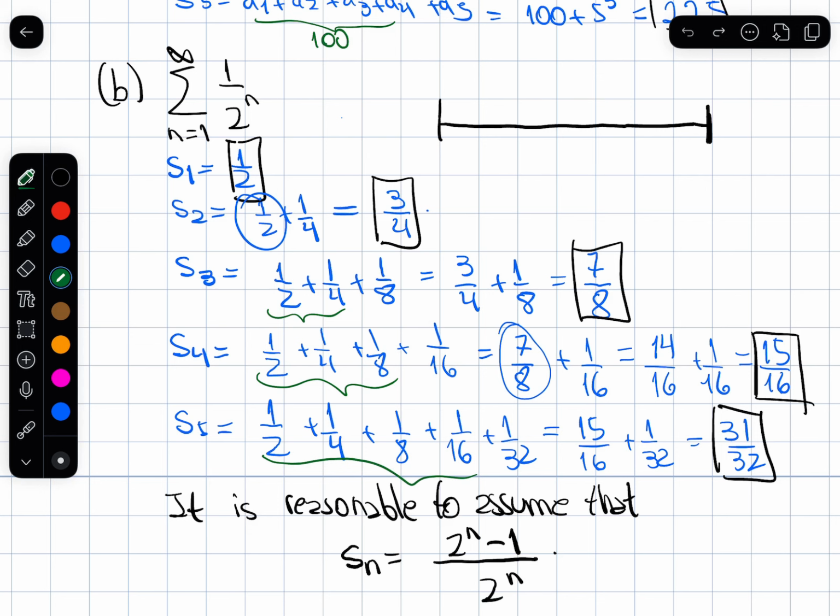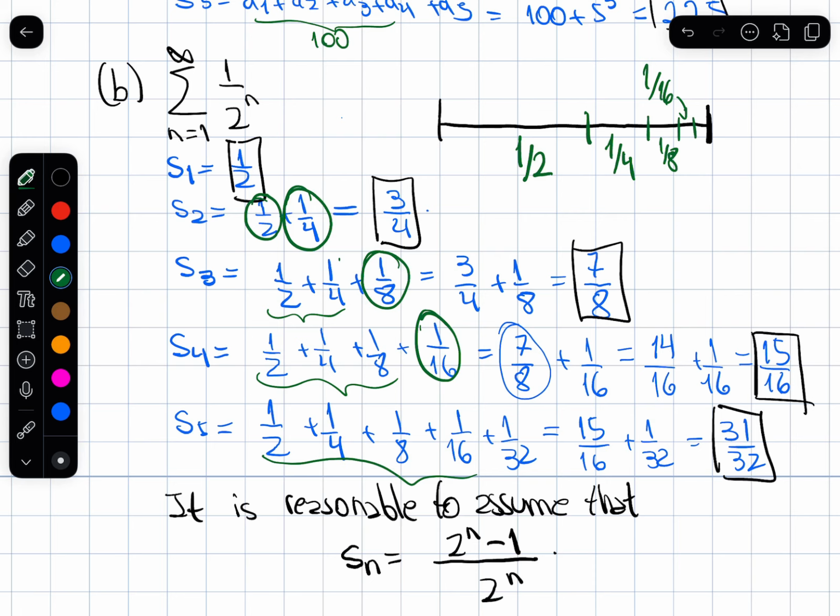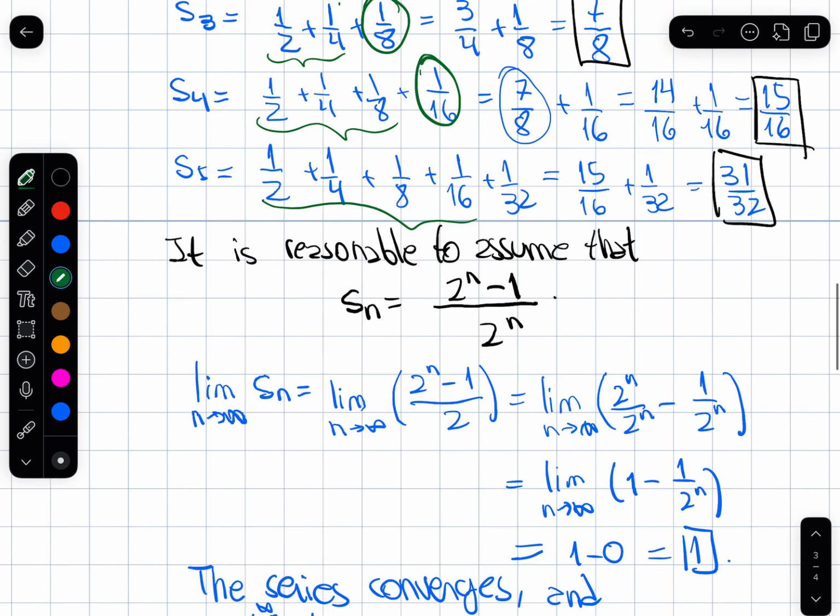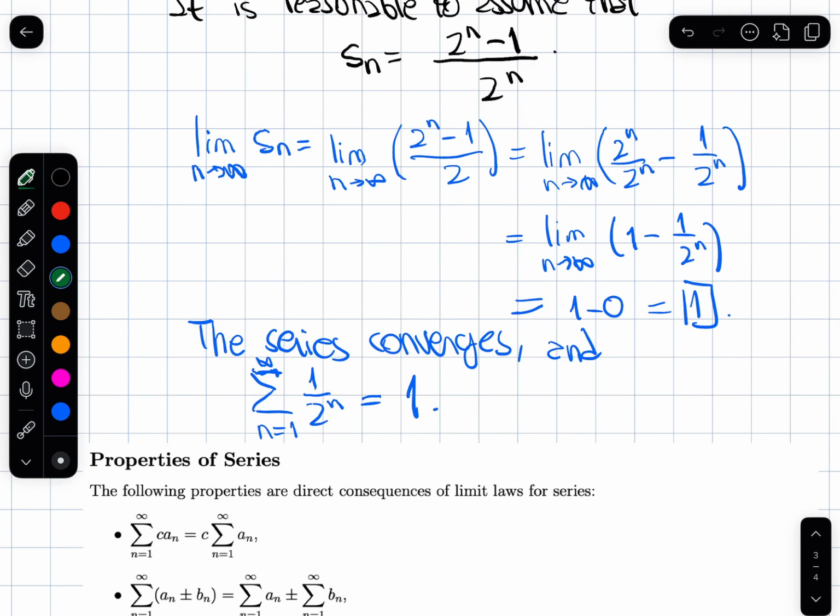So maybe this first 1/2 here is this first distance. And then the 1/4 that you add, right, is this half of what's missing for you to get to 1. And then the next term you add is 1/8, which is half of what's missing for you to get to 1. And the next time, half of what's missing, and half of what's missing, and half of what's missing. You'll never actually reach 1, but at infinity, the more terms you add, the closer you get to 1. So that's what this equation at the very end is telling us, okay?